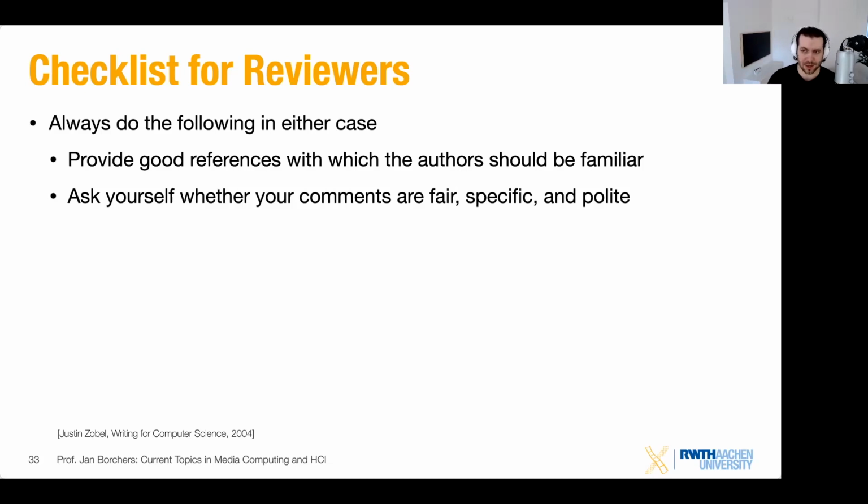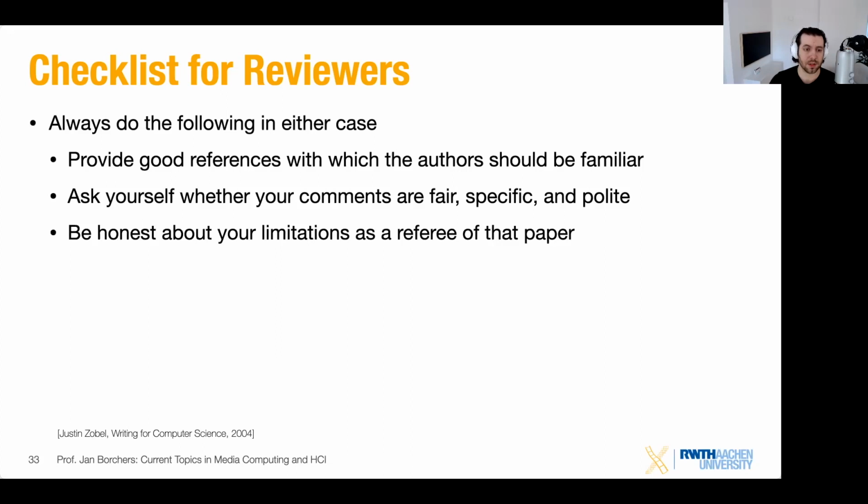Usually everybody that submits a paper has put a lot of effort and work into it, and therefore it's only reasonable that you treat their work with the respect it deserves. And of course, usually things are never perfect, so there's always room for improvement, but it's up to you to formulate these improvements politely and respectfully.